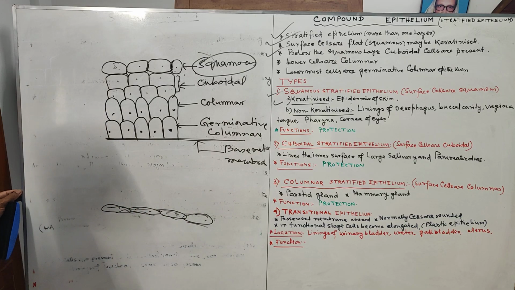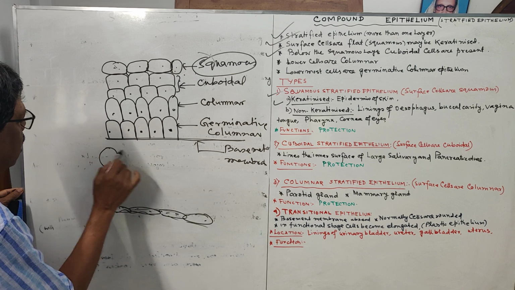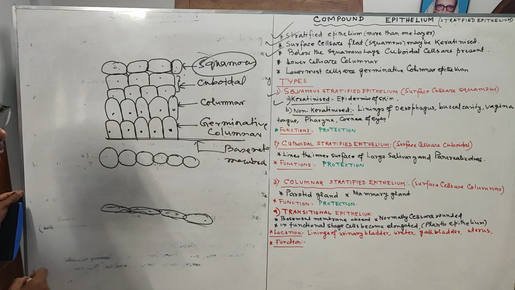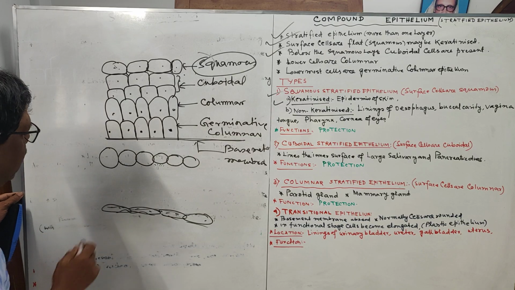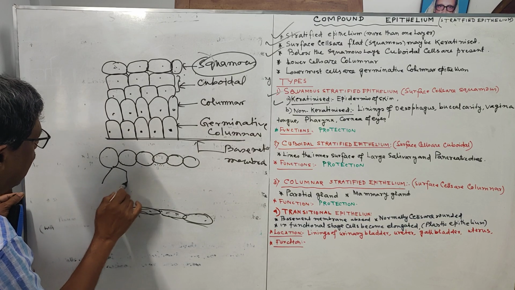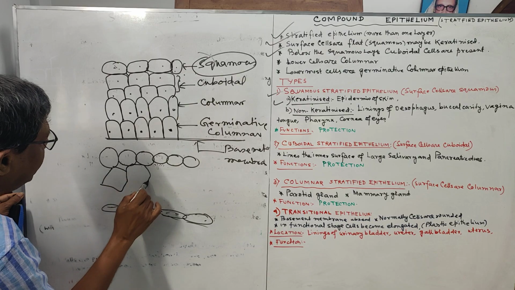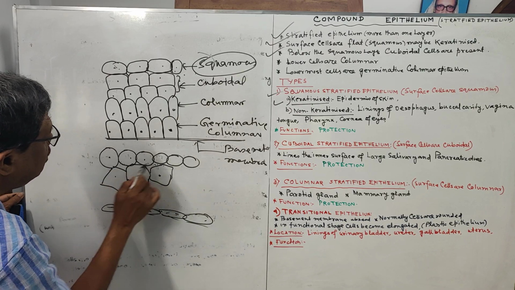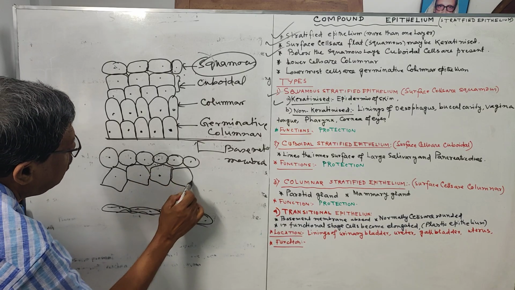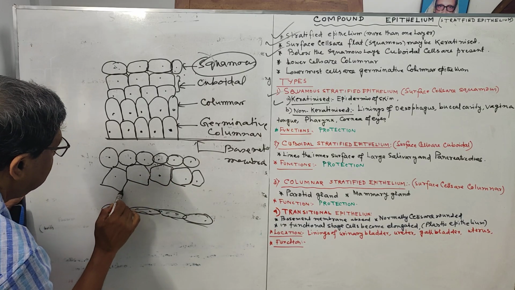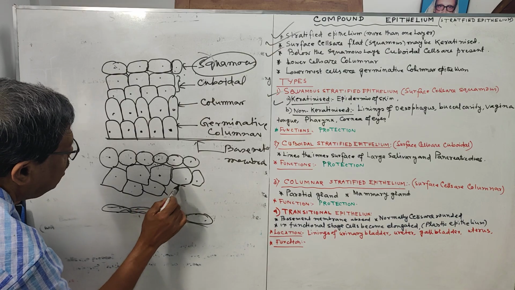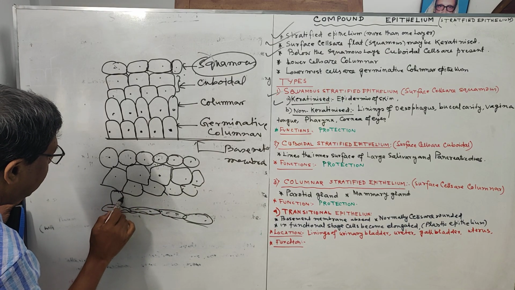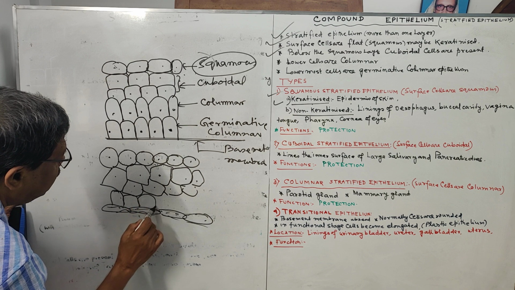In the upper layer there may be oval cells. In the under layer there are polyhedral cells. Below this layer, it may be cuboidal or columnar.